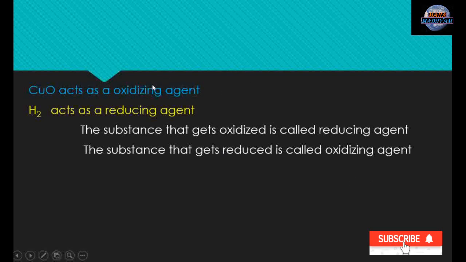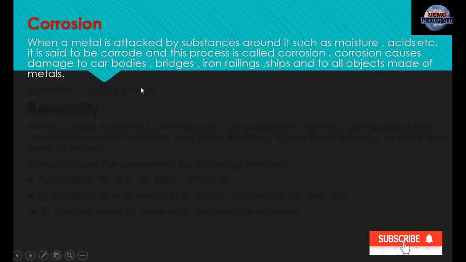You must have observed that iron articles are shiny when new, but get coated with a reddish brown powder when left for some time. This process is commonly known as the rusting of iron. When metals are attacked by substances around them such as moisture, acids, etc., they are said to corrode, and this process is called corrosion.